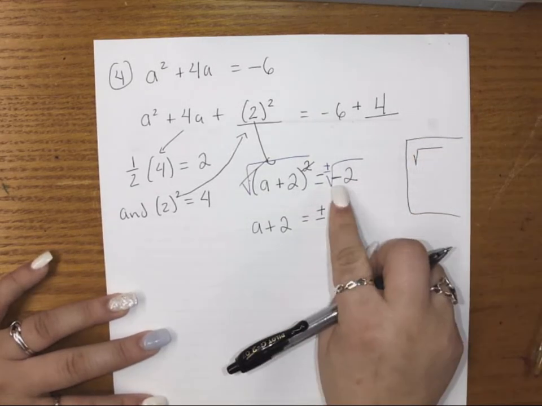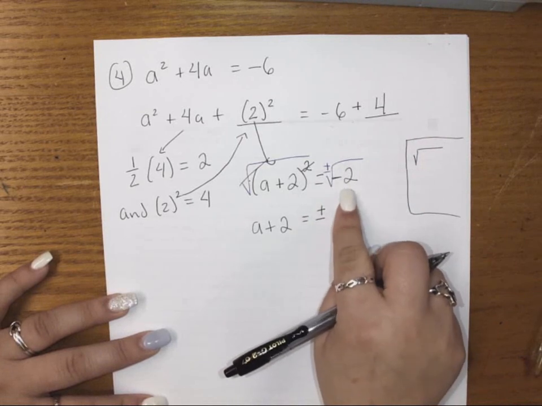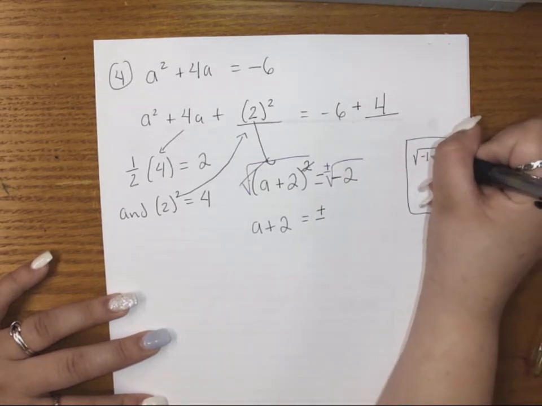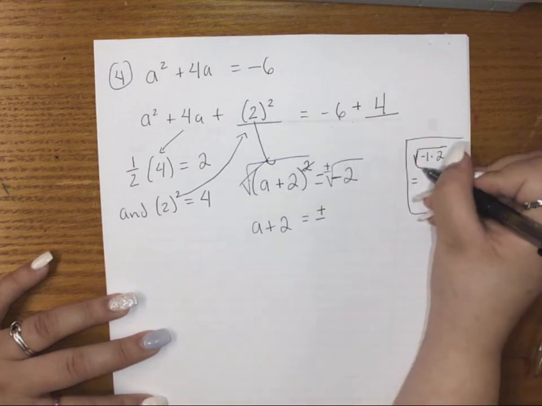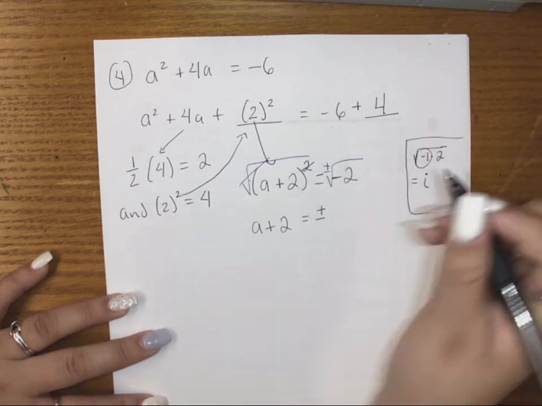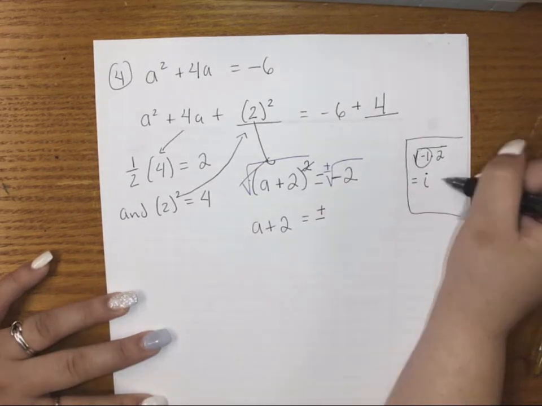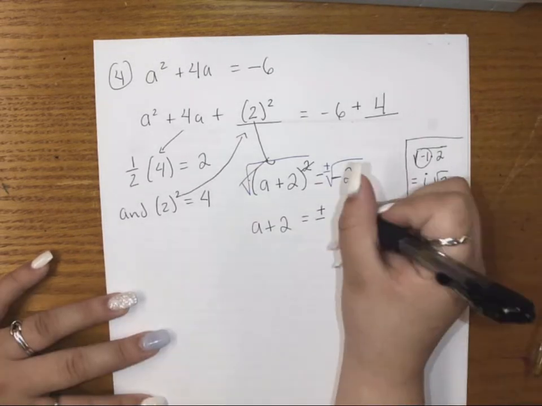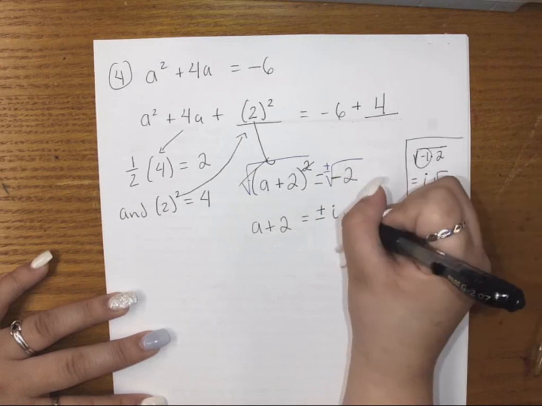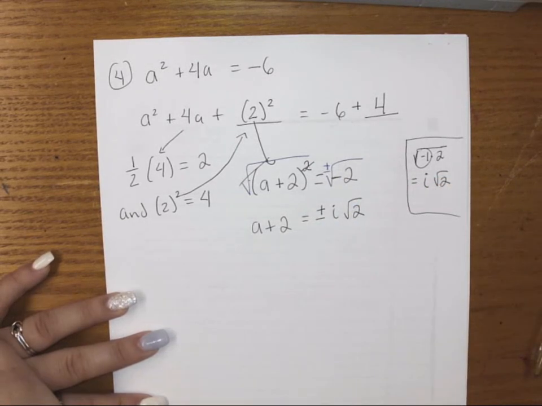We can always rewrite a negative number inside a radical as negative 1 times 2. We do that because we know the square root of a negative 1 is going to be i. We cannot simplify the square root of 2 anymore, so we simply say square root of 2. So this simplifies into i square root of 2.